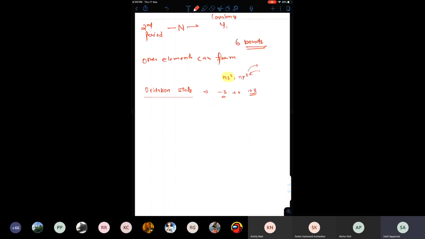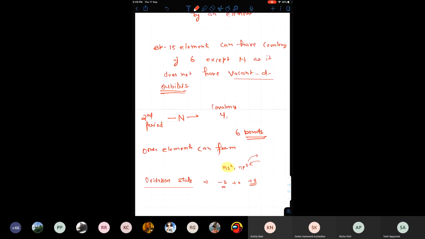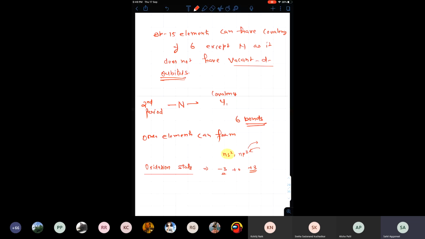Tanesh, what do you want me to explain again? Covalency. All of you have written till oxidation states? Yes, sir. Okay. See, in covalency, general electronic configuration is ns2 np3.